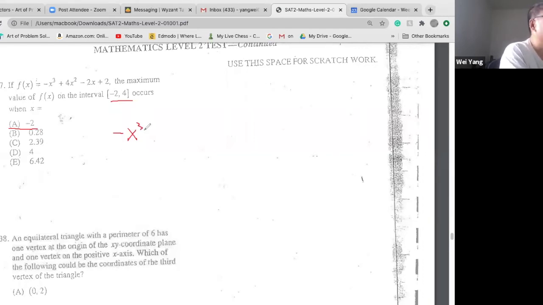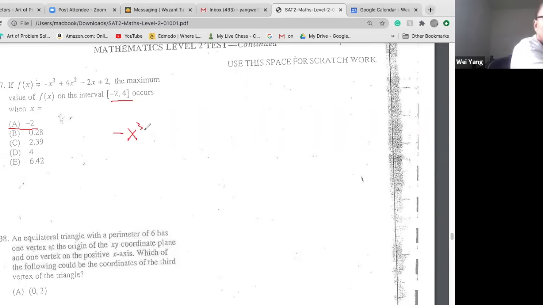I suggest, so how did you solve this problem? I use a calculator. Yeah, just use a calculator. Then that will save you a lot of time. Then you can see where they get the maximum value. Now let me draw this one.